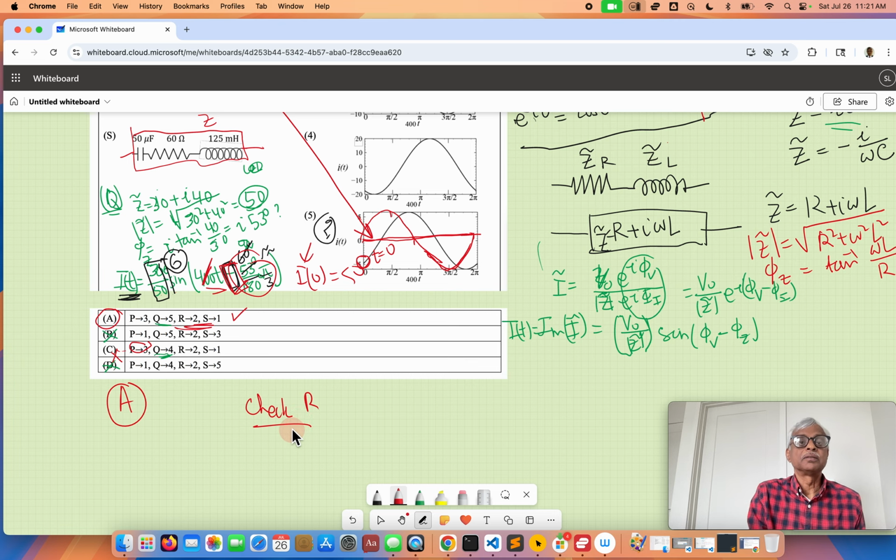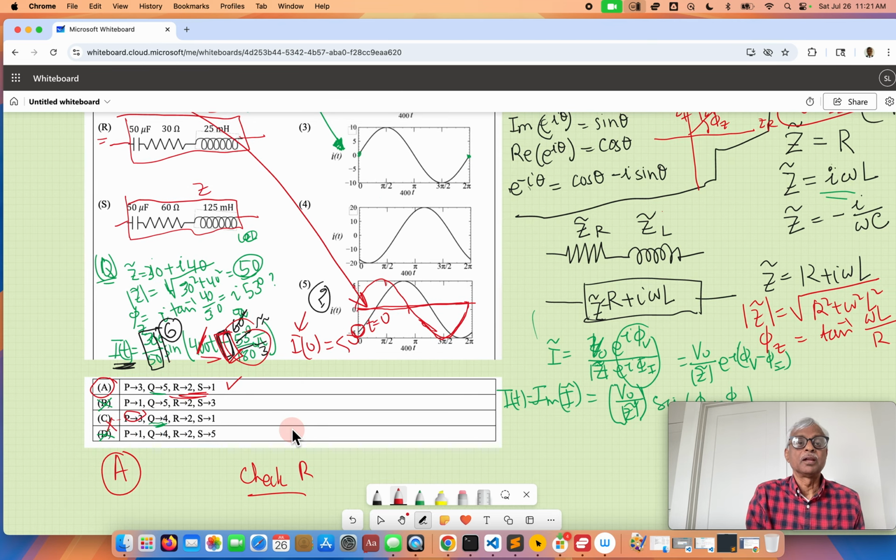R is going to be a little bit complicated, right?